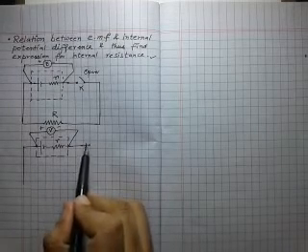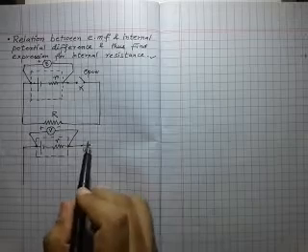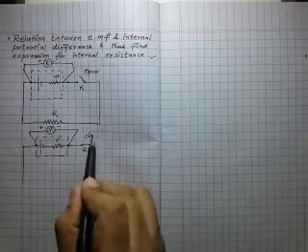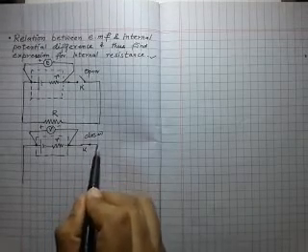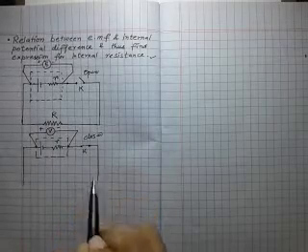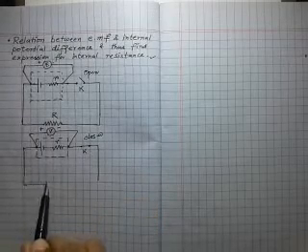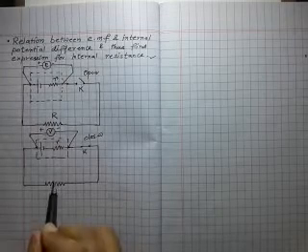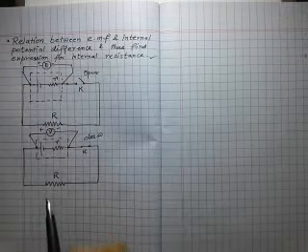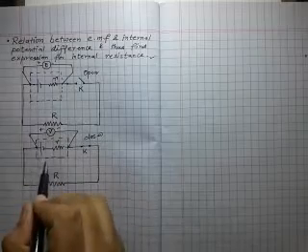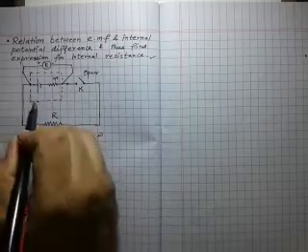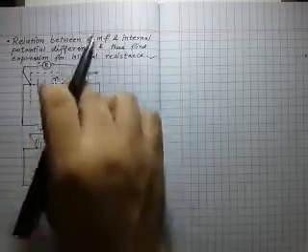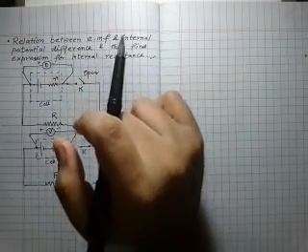Now see, this key is closed here, key K closed. So this is the cell, this is also the cell. So you observe two cases here.